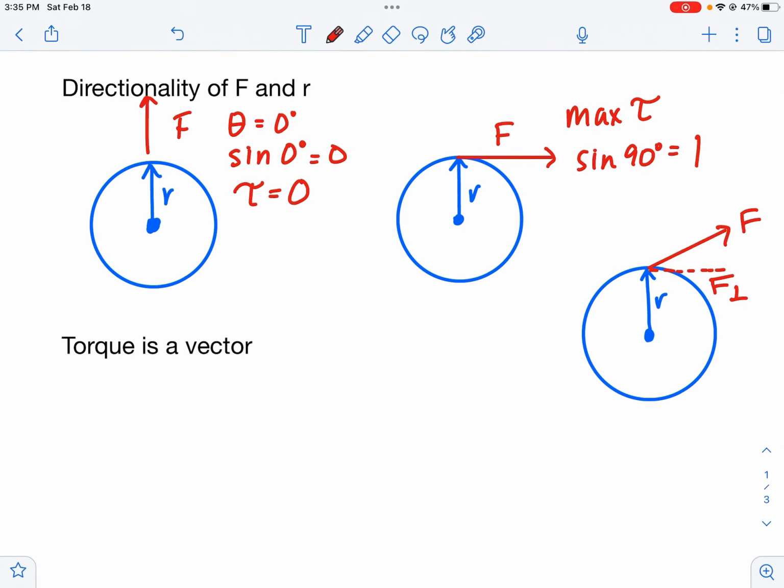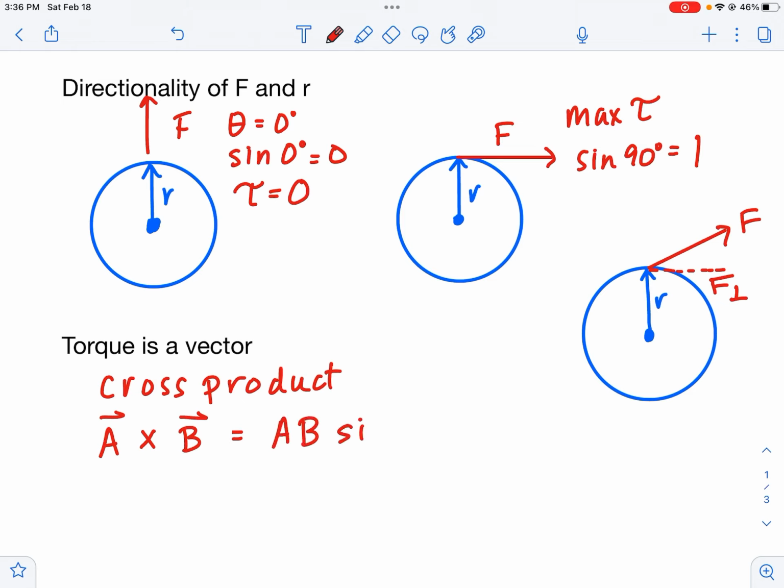Okay. Torque is a vector, and it's actually a cross product. If you go look up cross product on the equation sheet, you'll see that vector A crossed with vector B is equal to A times B times the sine of the angle.